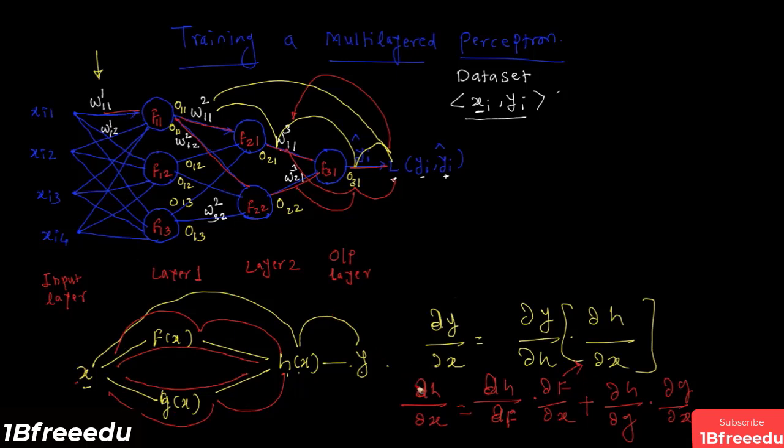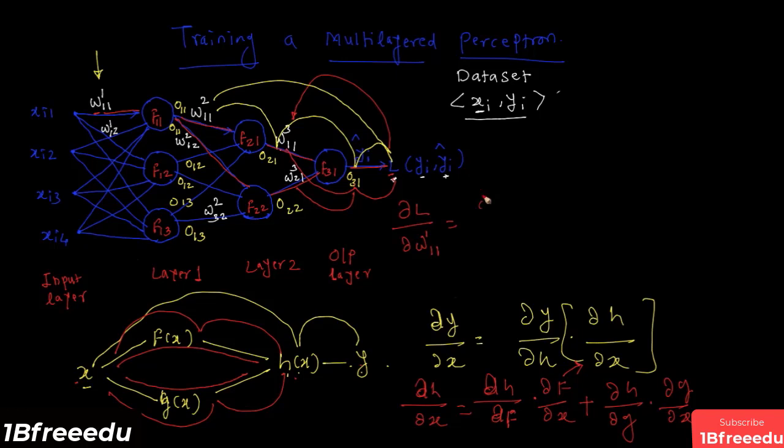Okay, so let's use this knowledge to compute the derivative of this W111. That's what I want to compute: ∂L/∂W111. The derivative of loss with respect to this is equal to the derivative of loss with respect to O31, like the derivative of y with respect to h, right?